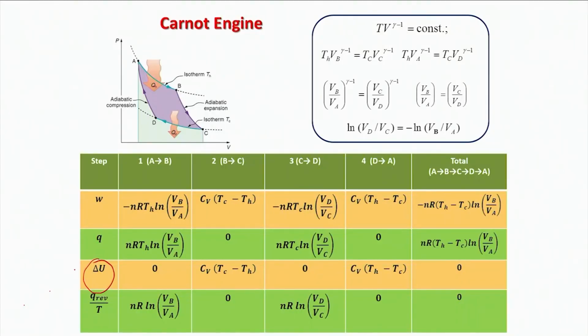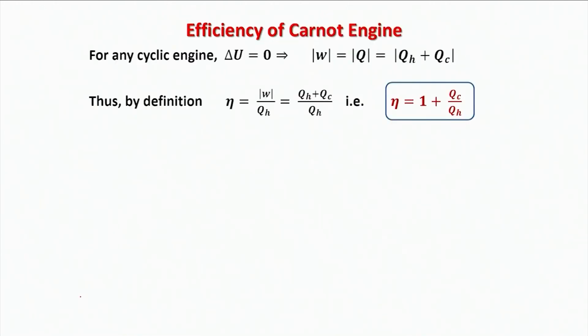The first one is obviously the change in internal energy, and the second quantity is Q reversible by T. So let us have a look at in a little more detail what it means.